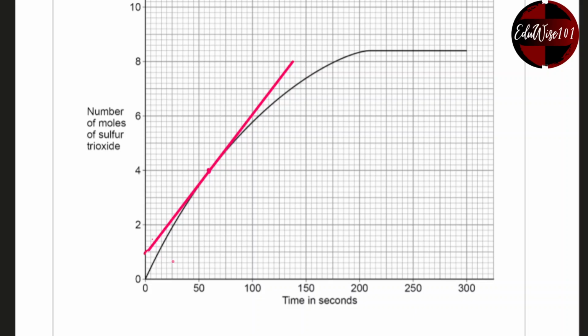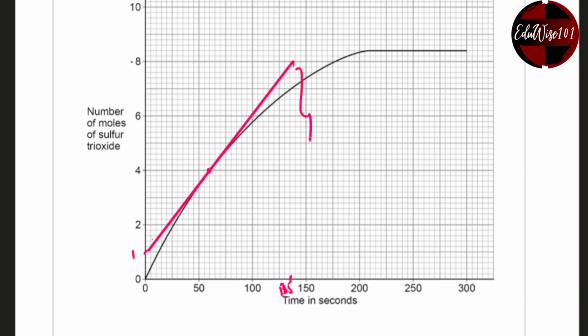And if I extend that, the x value is about 135. And here it's 1 to 8.